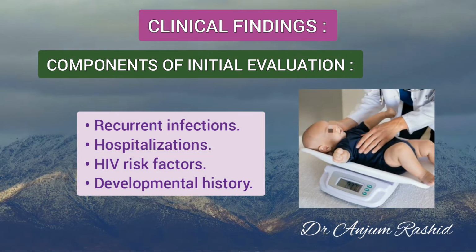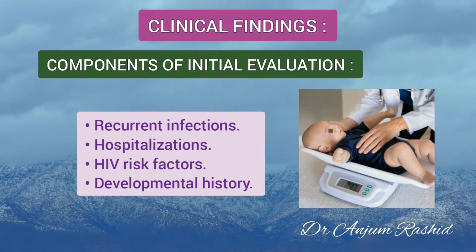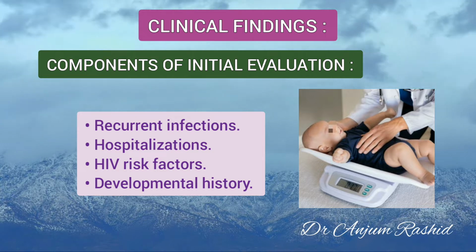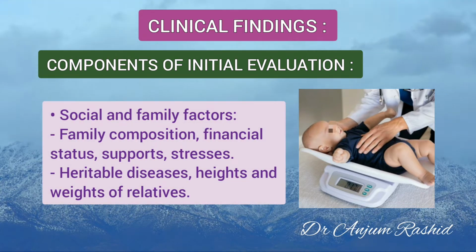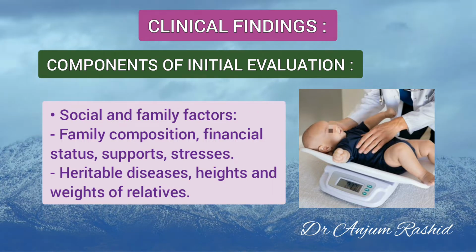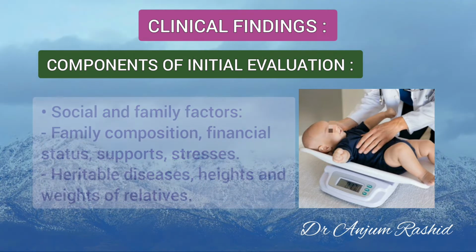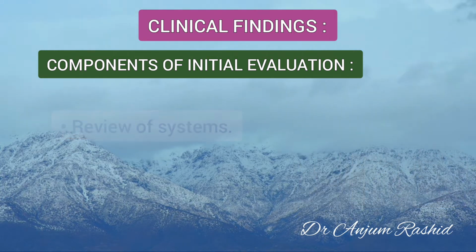Other components of the initial evaluation include recurrent infections, previous hospitalizations, HIV risk factors, detailed developmental history. Social and family factors include family composition, financial status, stresses, heritable diseases, and height and weight of the relatives. And finally, detailed review of the systems.